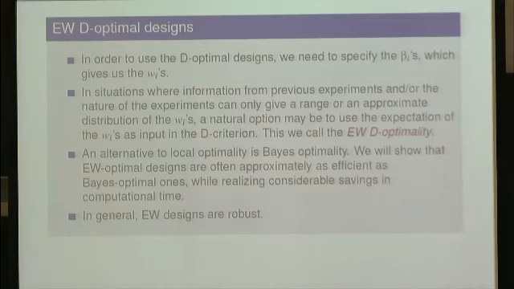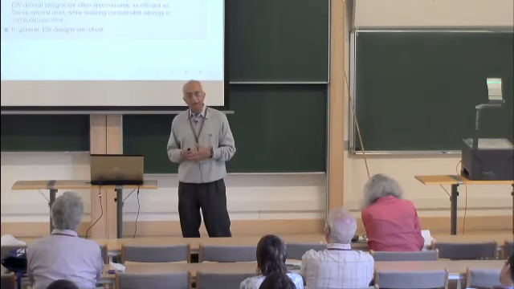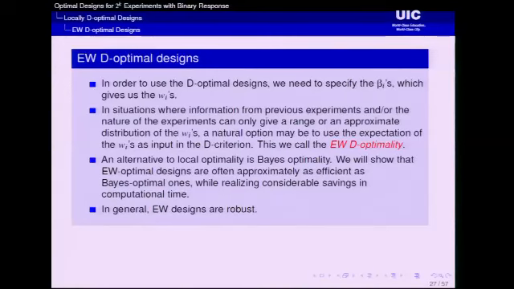So what's an EW design? Suppose that, in order to obtain locally D-optimal designs, we need to know the betas. Normally you will not know the betas. But if you have some idea of their marginal distributions, then for the local points, we take the average or the expectation of each of these beta i's as the initial value.